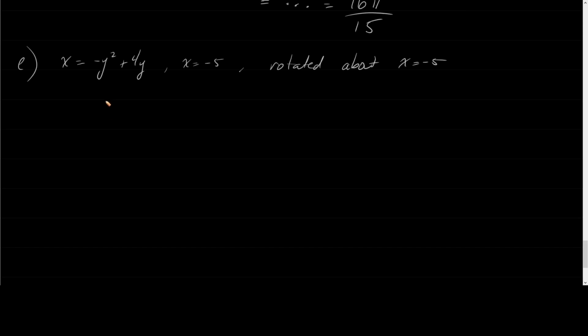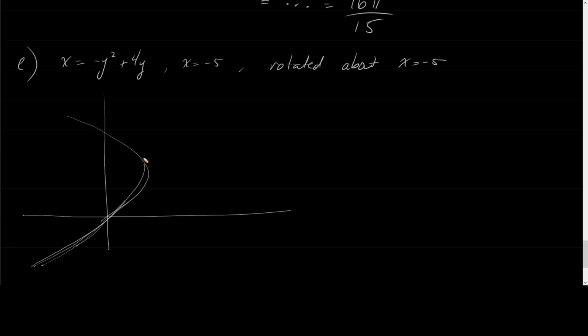And in here, what do we have? We have something like this. This right here is a sideways facing parabola. That's a function of y. So it looks something like this. Where this point right here is 4 and this point right here is 0.